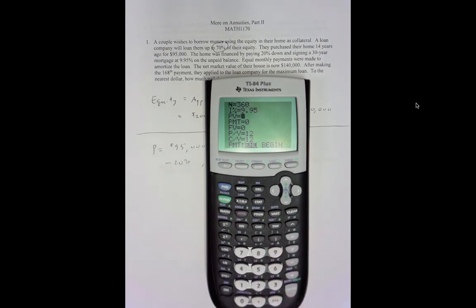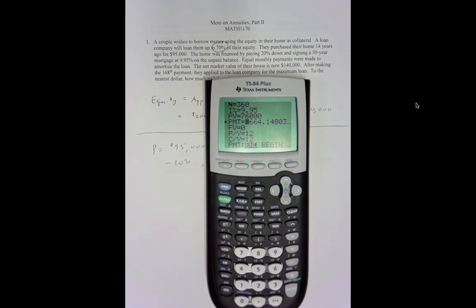The present value, so they paid $95,000, but they were required to pay 20%, right? Yeah, 20% of the $95,000 as a down payment. So they end up borrowing $76,000. Now we can calculate the payment.